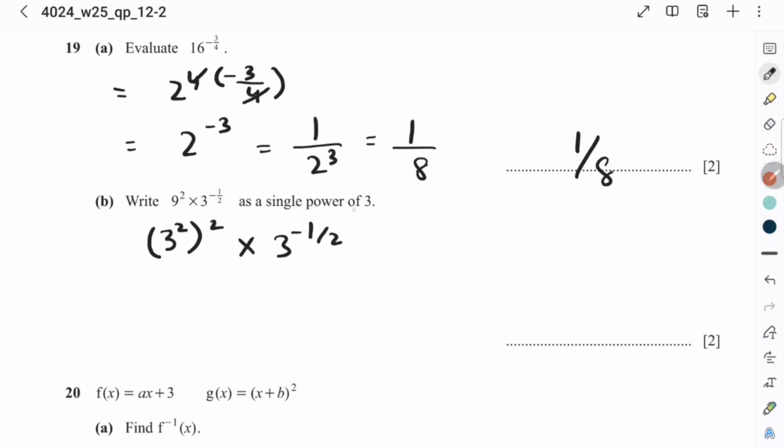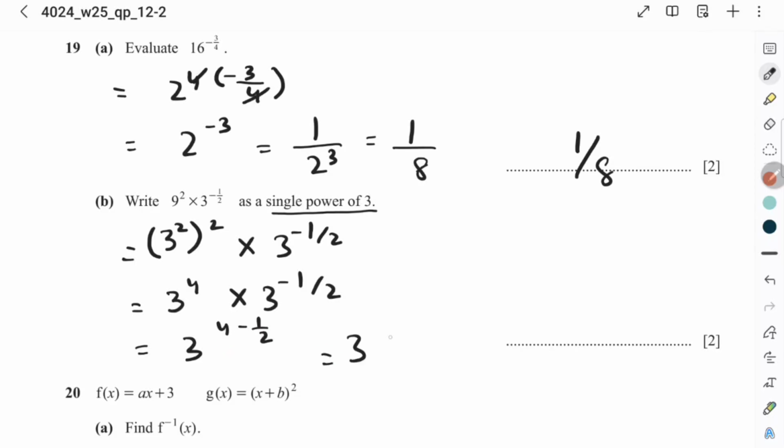We have to find a single power of 3. So that is 3 power 4 and 3 power minus half. That is equal to 3 power 4 minus half. So 4 upon 1 minus half is equal to 3 power 2 fours are 8 minus 1 upon 2. That is equal to 3 to the power of 7 upon 2. Single power of 3. Okay.